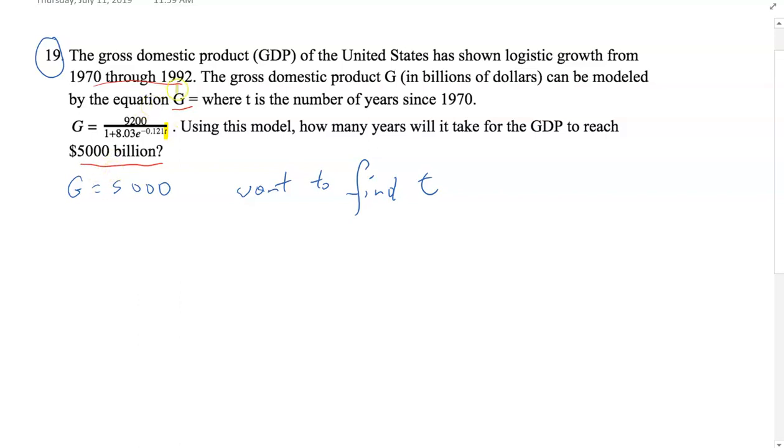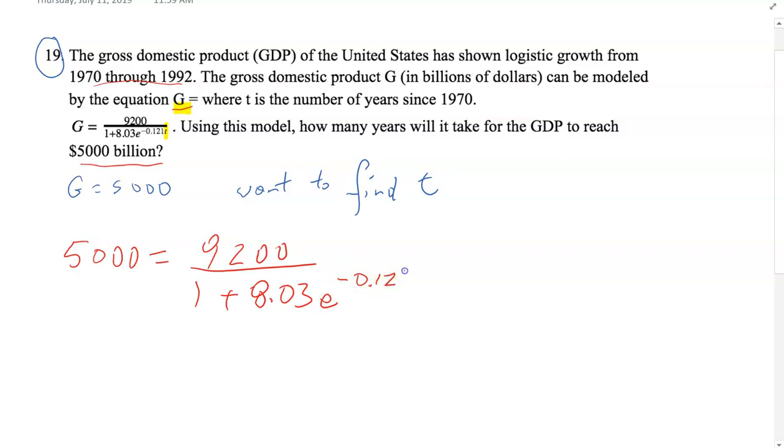So what we will do is replace this G by 5,000 and then try to solve for t. So we want to find t. Let's plug these in and see what happens. 5,000 equals 9,200 over 1 plus 8.03 e to the negative 0.121 t.